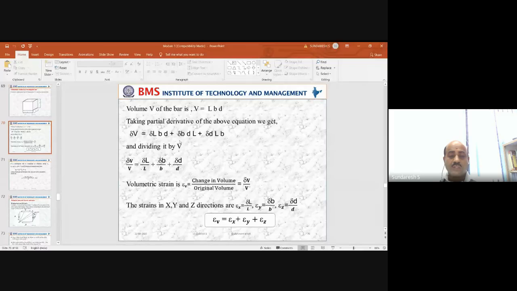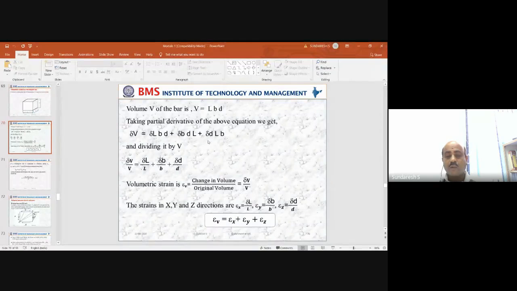Plus, moving on to the second term, same thing. When you divide this by V, which is equal to L into B into D, D into L gets cancelled. The remaining term will be B. So therefore, you will get delta B by B.